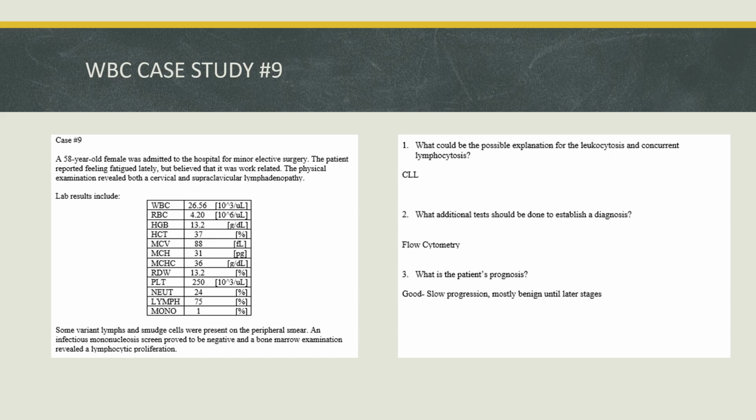Some variant lymphocytes and smudge cells were present on the peripheral smear. An infectious mononucleosis screen proved to be negative, and the bone marrow examination revealed a lymphocytic proliferation. So this is looking like a lymphoproliferative disorder.